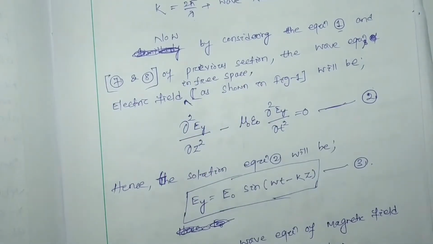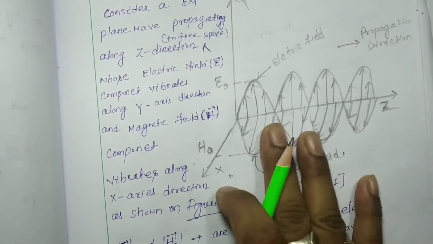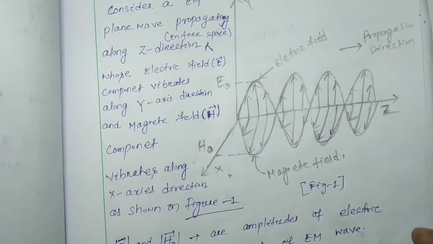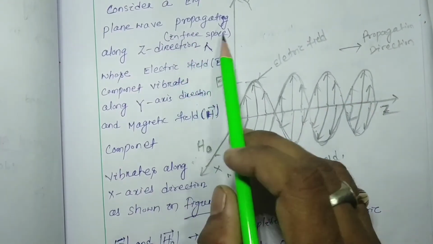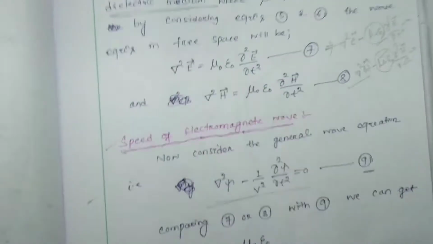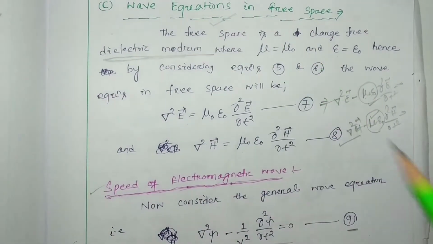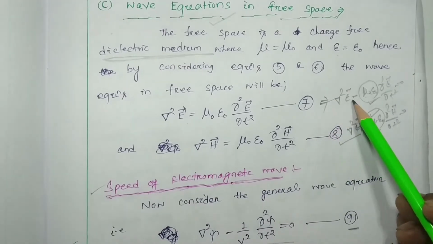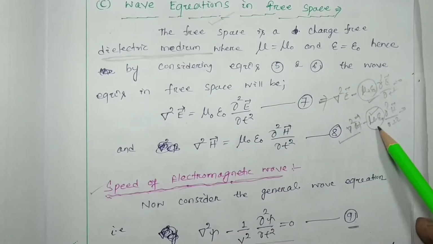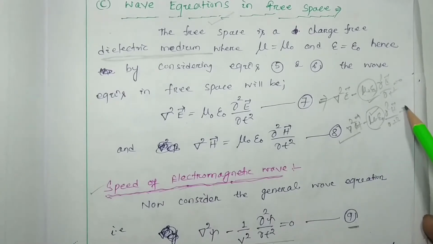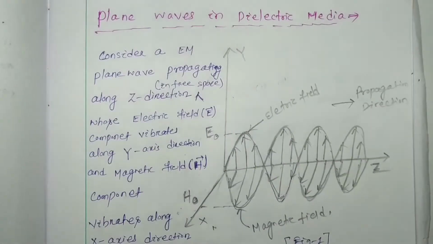Previous section means here we considered the motion of this EM wave in free space. So we have to consider 7 and 8 because equations 7 and 8 represent the wave equation in free space. This is nothing but del square E minus mu 0 epsilon 0 del square E by del t square equal to 0, and del square H minus mu 0 epsilon 0 del square H by del t square equal to 0. These two equations and equation number 1.